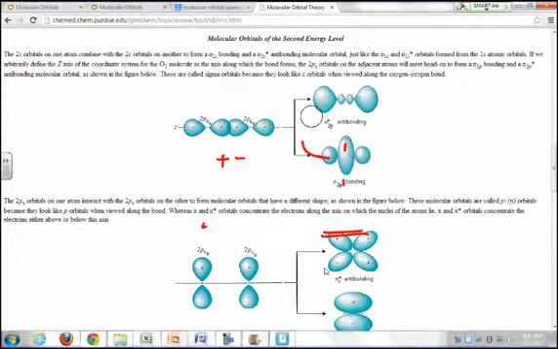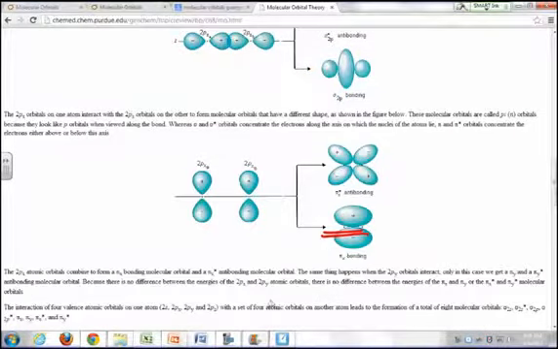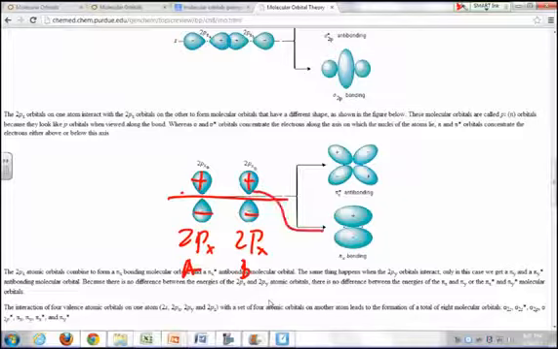And down here you have a diagram that illustrates how you can get pi orbitals from a pair of 2px orbitals. You have a 2px orbital on one atom and another 2px orbital from the other atom. Let's call this atom A and atom B. If they're both positive on the same side and negative on the same side, then you end up with a molecular orbital which is positive on one side and negative on the other side.